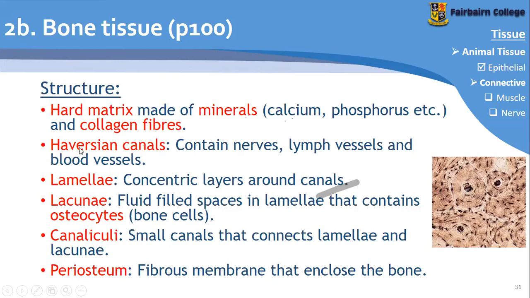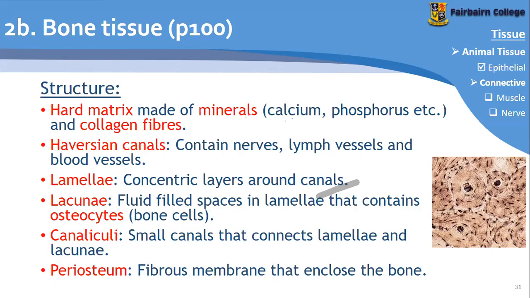That is called the Haversian canal. That is where your nerves, lymph vessels and blood vessels are going to run. That is what allows your bones to be living, because your bones can't be living if they don't have blood supply and nerves. Otherwise it would just be minerals.